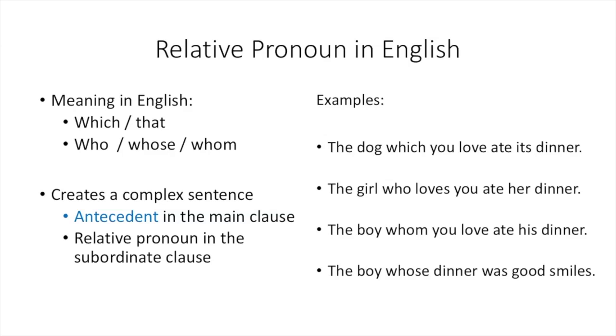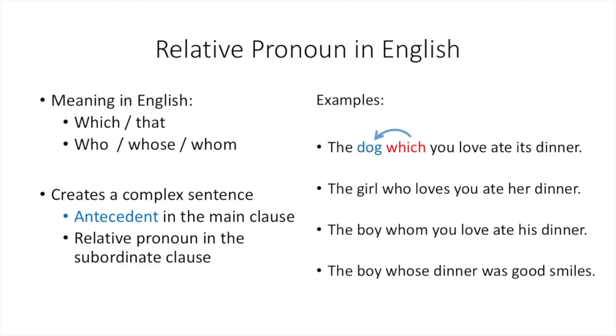The dog which you love ate its dinner. Like I said, which is the relative pronoun, and its antecedent is in the main clause. The main clause of this sentence is the dog ate its dinner. Usually, and this is true in both English and Latin, usually the antecedent comes right before the relative pronoun.